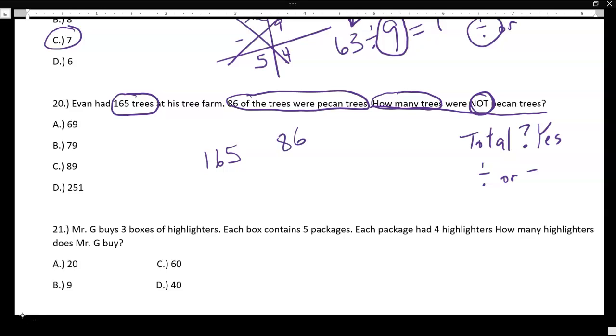We can't divide by 3-digit numbers. Did we learn how to divide by 3-digit numbers? No. So we're not dividing, we're going to subtract. So 165 minus 86. Draw your lines. You get 79.